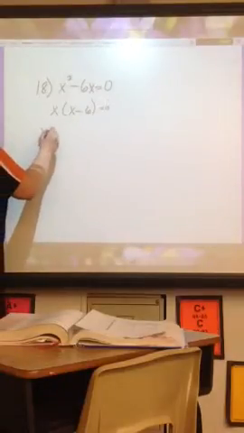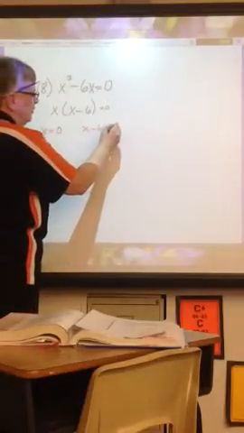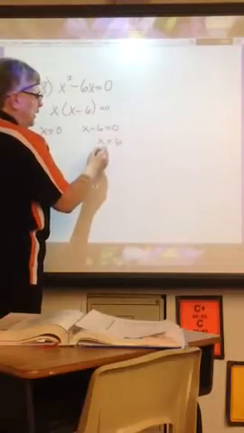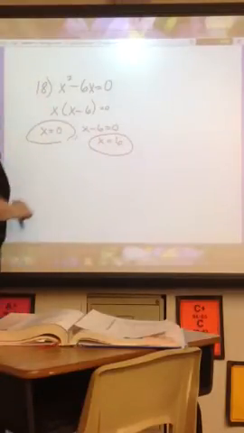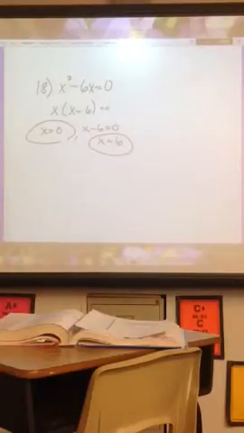Set each piece equal to 0, and I have 2 answers. You could have put it in your calculator. It would have told you the same thing, that it crosses in 2 places, 0 and 6.